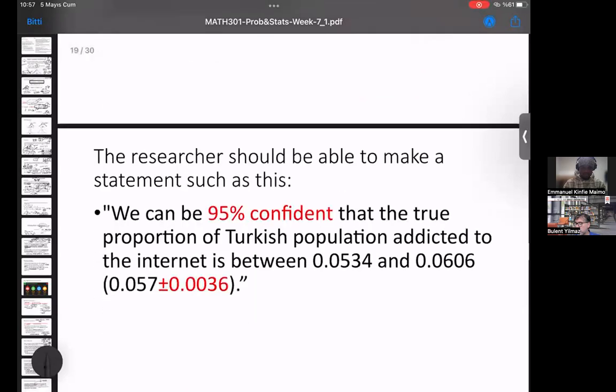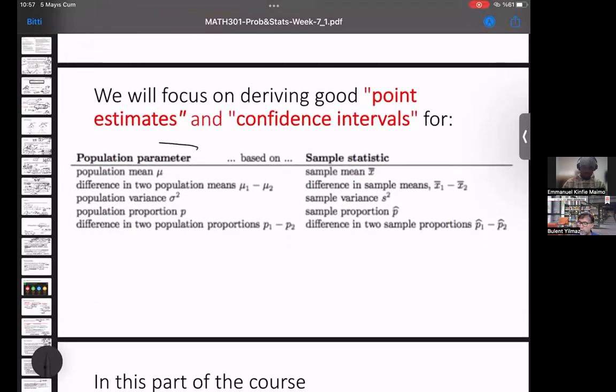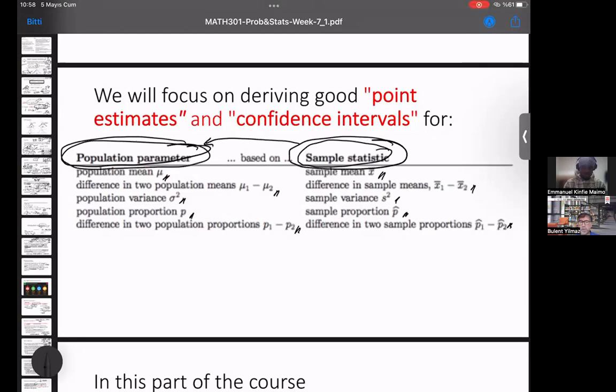So we have population parameters like the mean, the difference between means, population variance, population proportion, the difference between two populations. But we only compute the sample mean, sample differences, sample variance, sample proportion, sample difference between proportions. So the things that we are finding are sample statistics. What we want to find out is the population parameter, but we can only find this and draw conclusions about it.